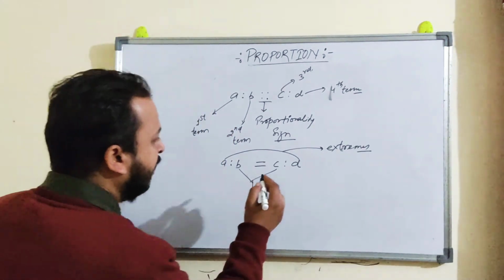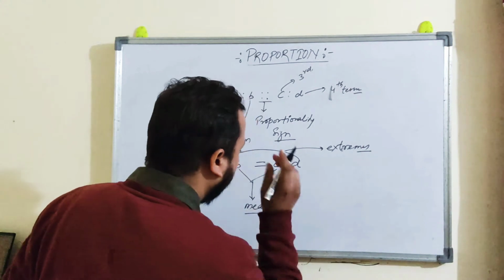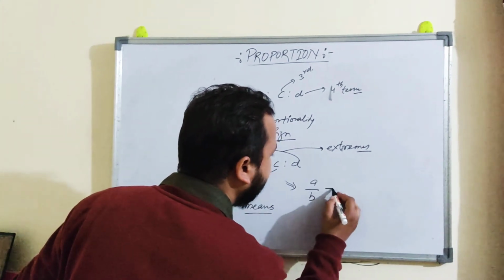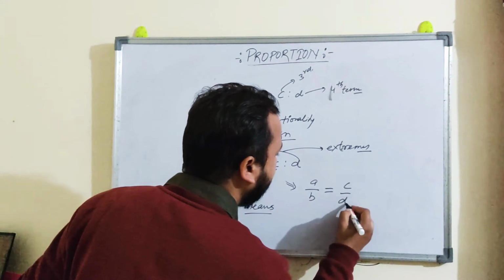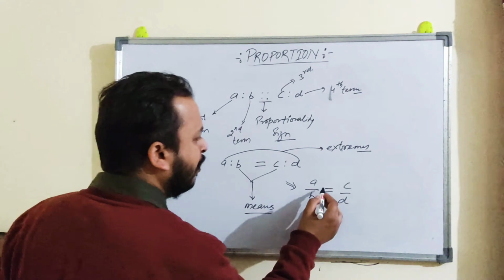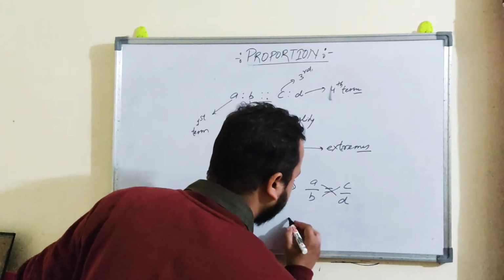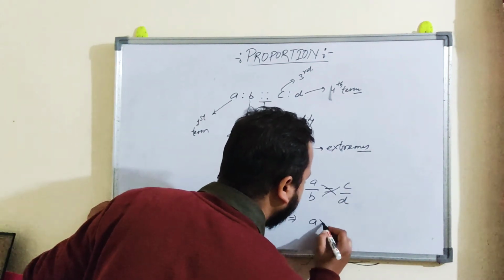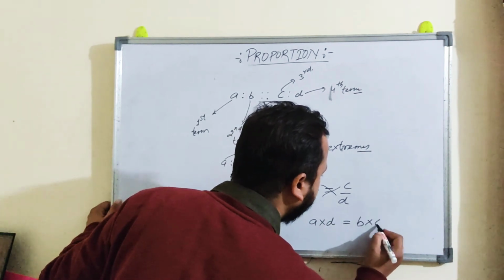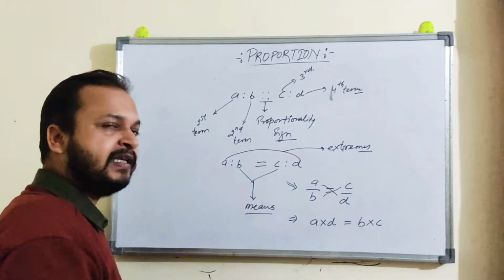Now you can write this as A by B is equal to C by D, and if you do the cross multiplication, what will you get? You will get A multiplied by D is equal to B multiplied by C.